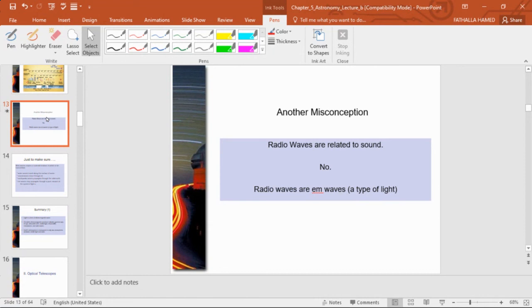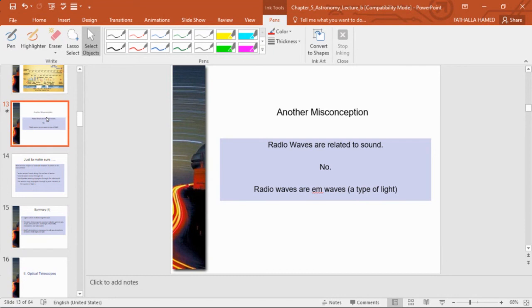And as I told you, I don't want you to confuse radio waves with sound. Radios, we actually listen to. It's producing sound, but it relies on radio waves, which are electromagnetic waves. TV, for example, we can see things and hear things. It uses radio waves.